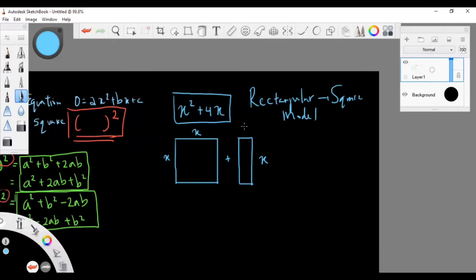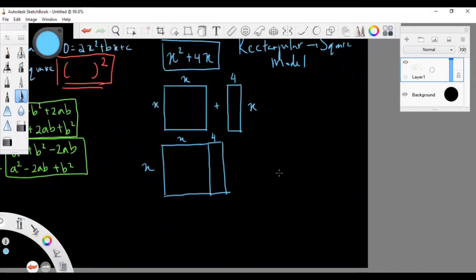So x squared plus 4x. How do I do the rectangle part? Here this is x, and this is 4. This is still a rectangular form.